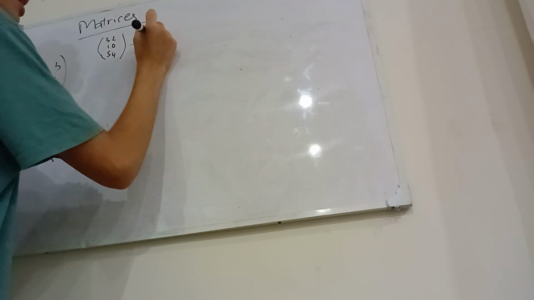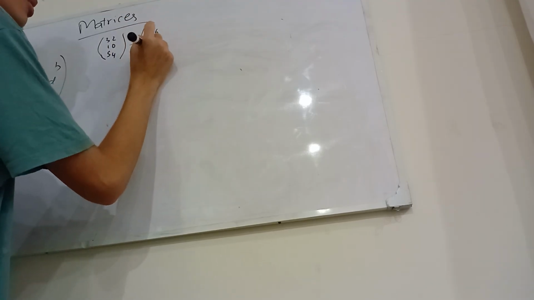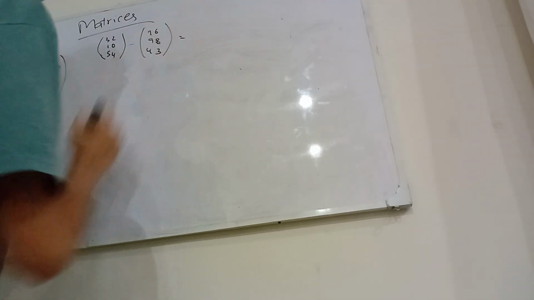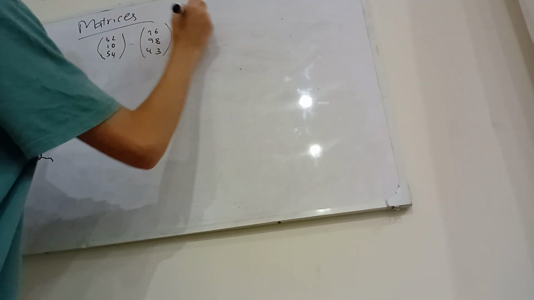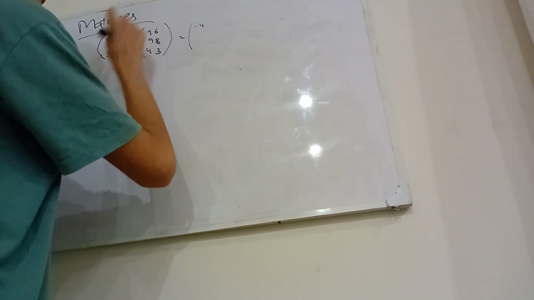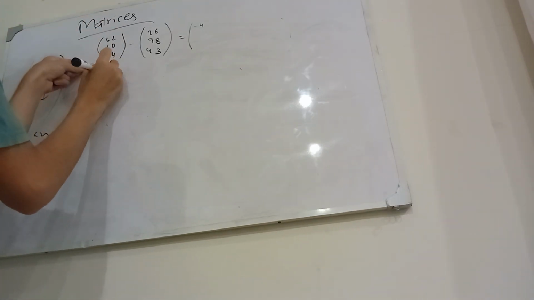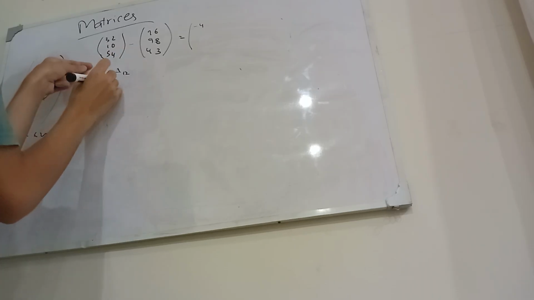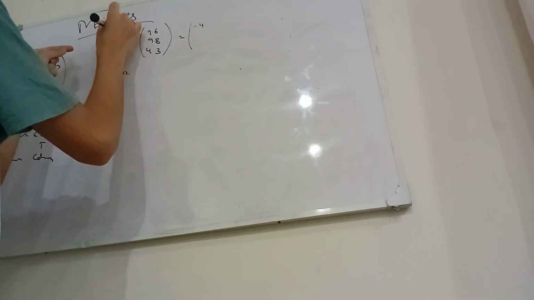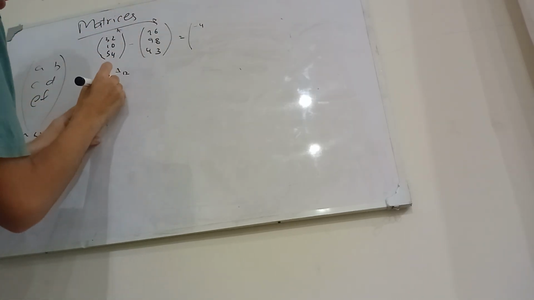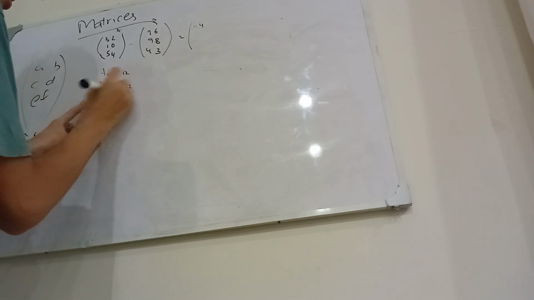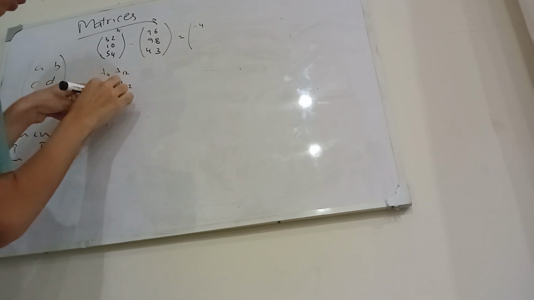If you want to subtract the same matrix over, what do we do? We do the same thing, except we subtract the corresponding row and corresponding column. We can write it something like this. If this is matrix A and this is matrix B, we can write it like this, where this is the number of rows and the number of columns.